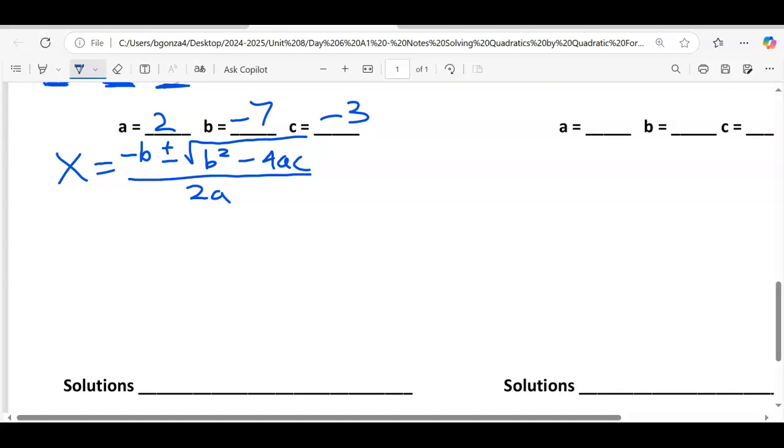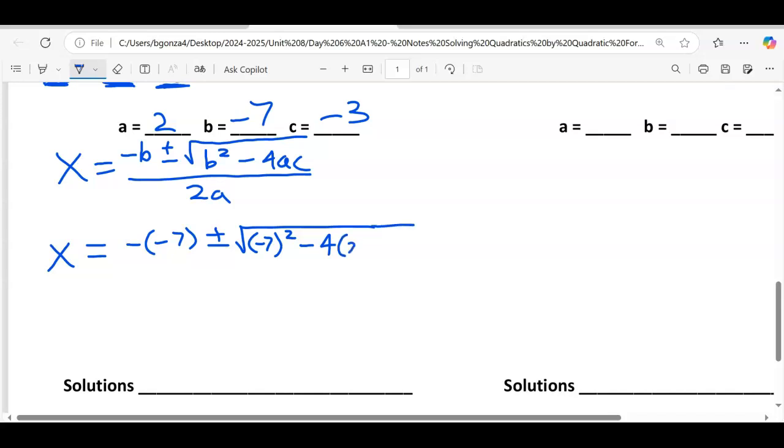Okay? So here we go. X equals negative sign, and then b is negative 7 in parentheses. So negative b plus or minus the square root, and then it's supposed to be b squared, so that's negative 7 squared minus 4, a and c.